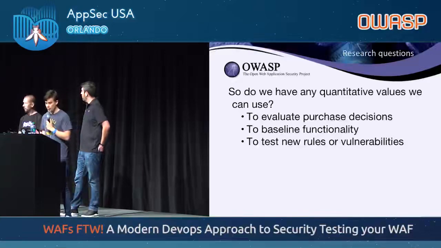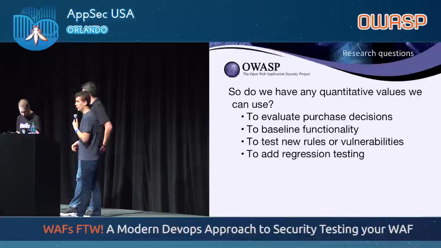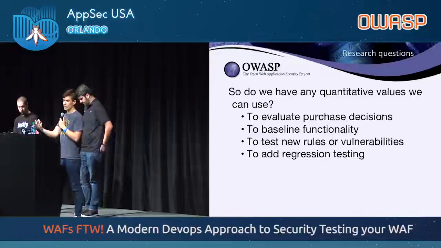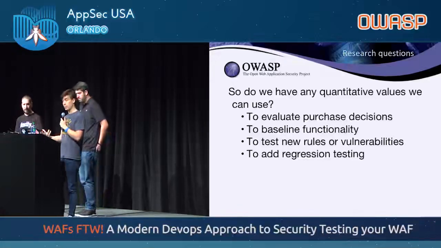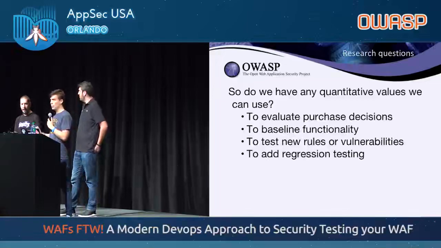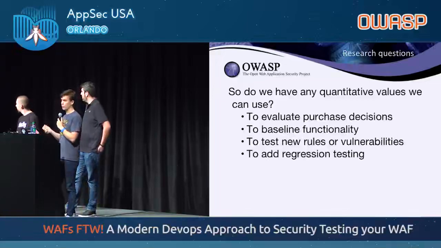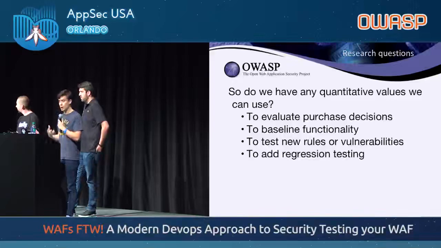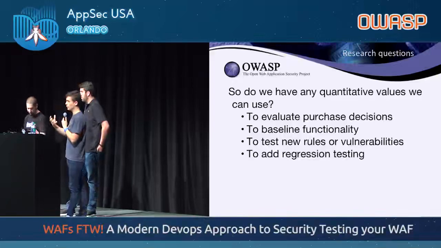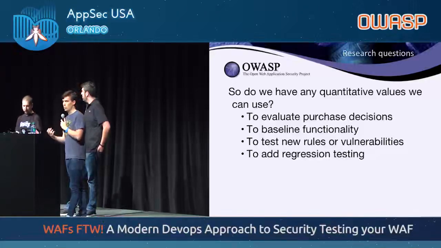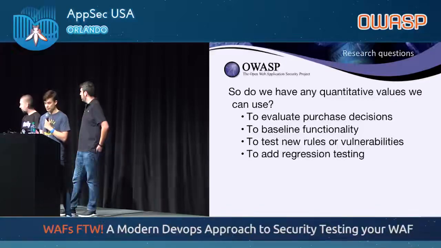And lastly, regression testing. Whether you're putting out a new rule config and you bust 5 other rules, or you're developing a WAF and you fix one line in a 300-character regex and then things start failing, we need something to quantitatively measure if things are doing well or if things screwed up and we need to fix it.